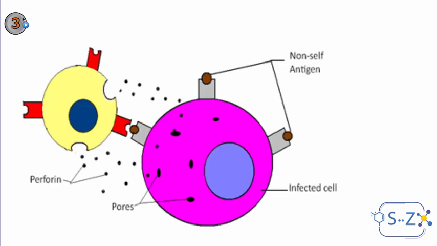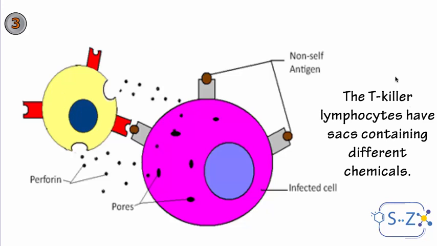After the T killer is activated, it starts to secrete certain chemicals that are found inside sacs. There are sacs inside the T killer lymphocyte that carry certain substances, for example, perforin. The T killers start to secrete this perforin, and this perforin starts to eat the membrane of the infected cell and create pores inside it.